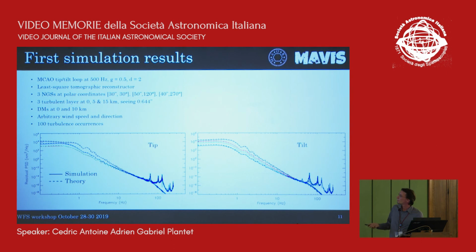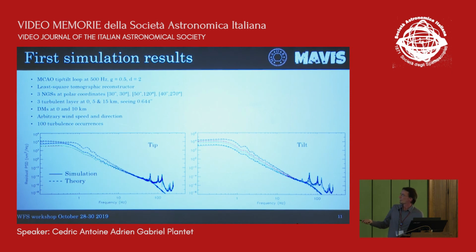And I did a few simulations a few days ago. So with an MCAO tip-tilt loop at 500 Hertz, there's no high order correction here. I just have a least square tomographic reconstructor, 3 turbulent layers, 2 DMs.